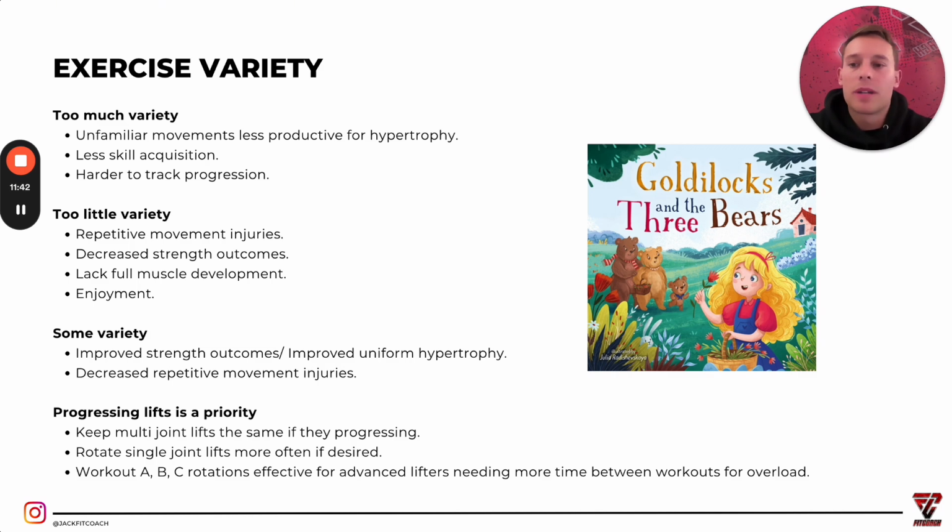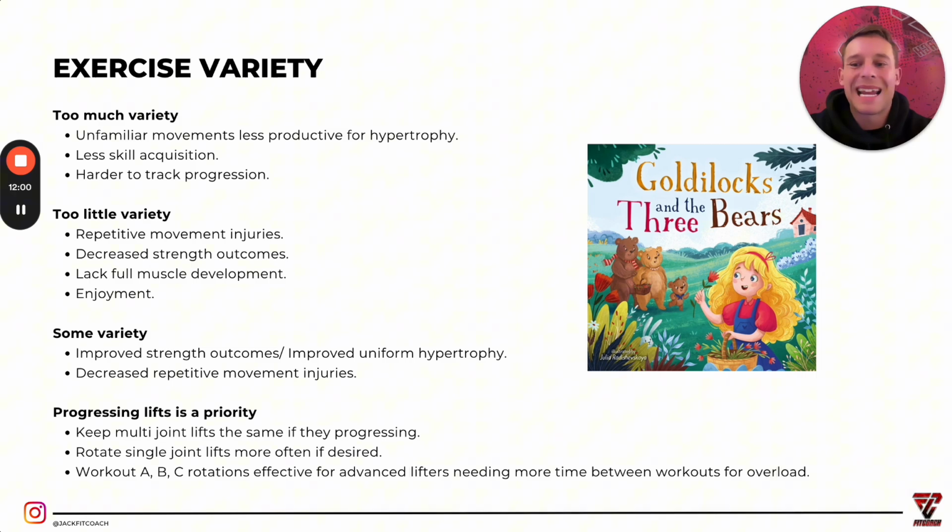So to optimize your program, we want to prioritize progressing lifts, also multi-joint exercises, which should remain consistent if they're showing progress. Single joint exercises can be rotated more frequently to introduce some variety without compromising your main lifts.